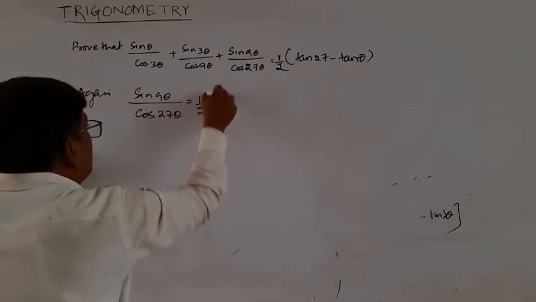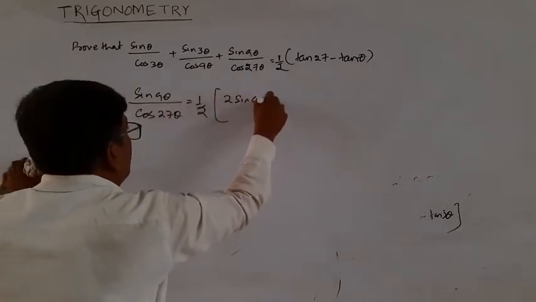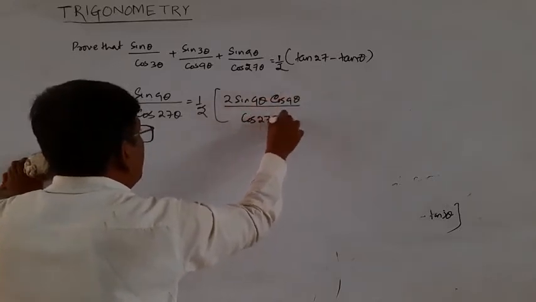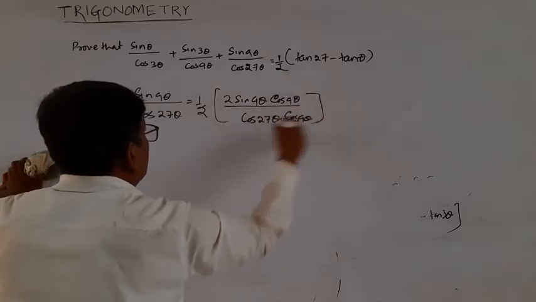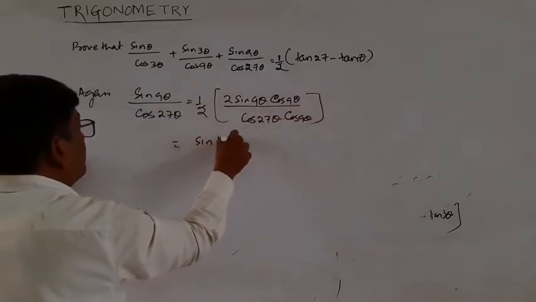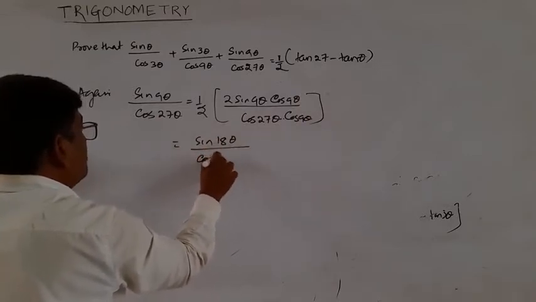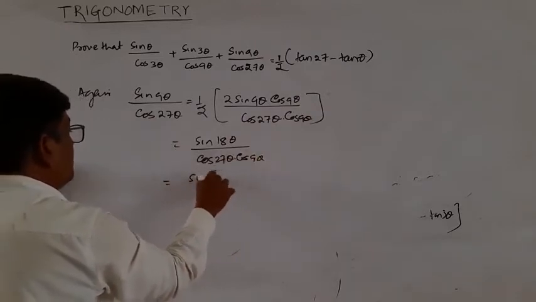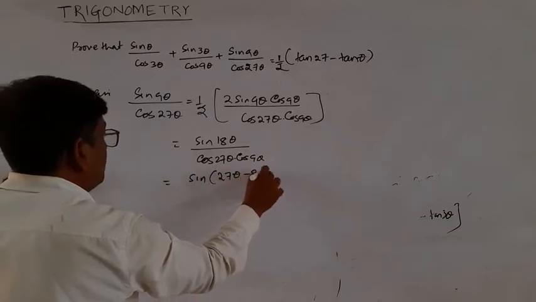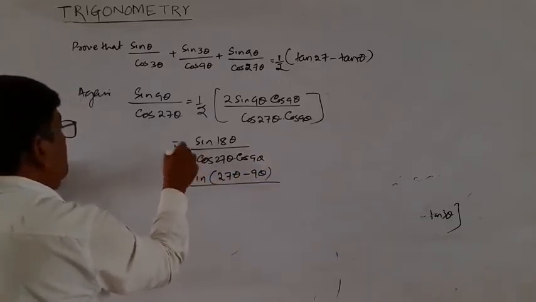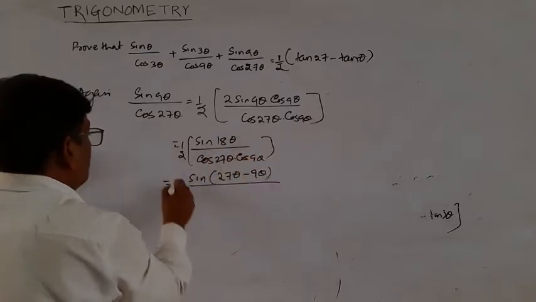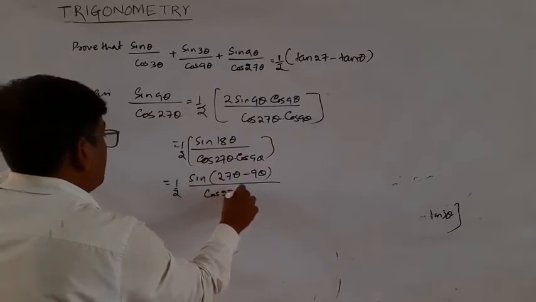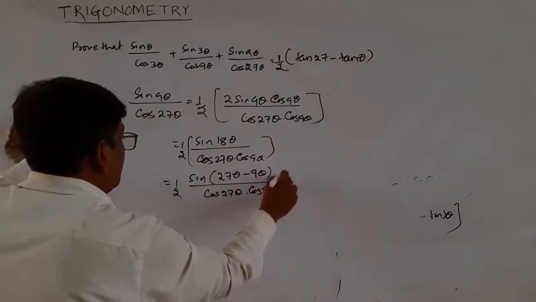So 1 by 2 into 2 sin 9 theta into cos 9 theta, divided by cos 27 theta into cos 9 theta. So this is equal to sin 18 theta divided by cos 27 theta into cos 9 theta. So this is sin (27 theta minus 9 theta) divided by cos 27 theta into cos 9 theta, apply the sin A minus B formula.